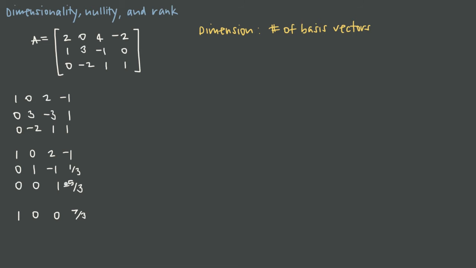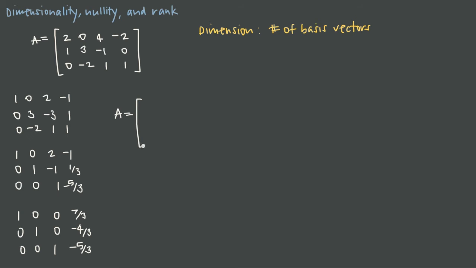And then for the second row, we'll add together the second and third rows. So we'll get 0 plus 0 is 0, 1 plus 0 is 1, -1 plus 1 is 0, and 1/3 plus a -5/3, or 1/3 minus 5/3, is a -4/3, and then 0, 0, 1, and -5/3.